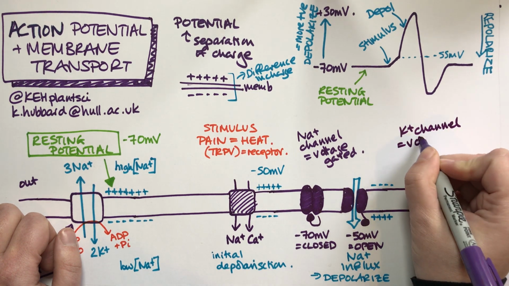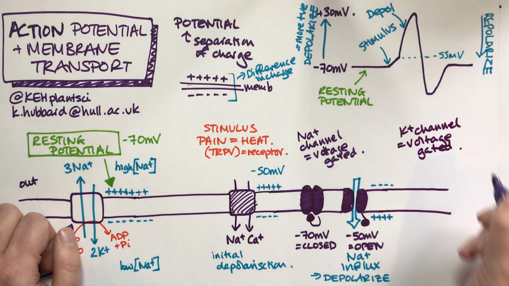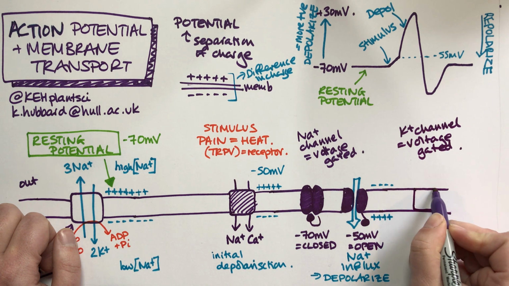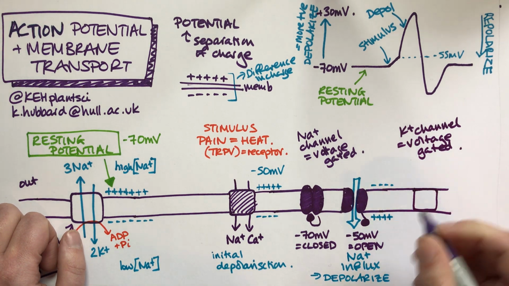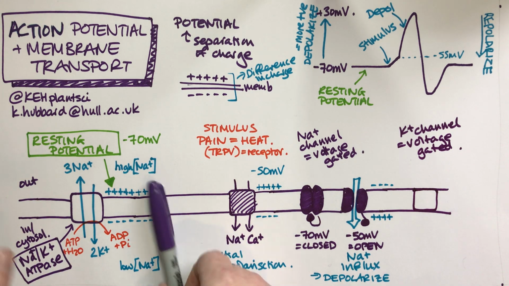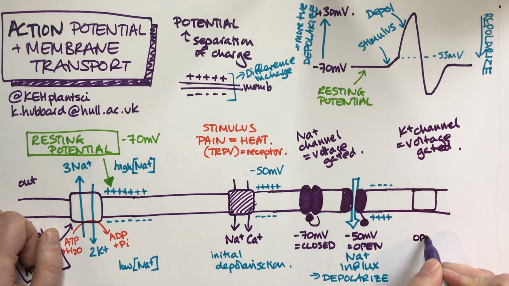which is also voltage gated. So that potassium channel, which I shall show here, is also going to be voltage gated, so it opens at positive voltages.